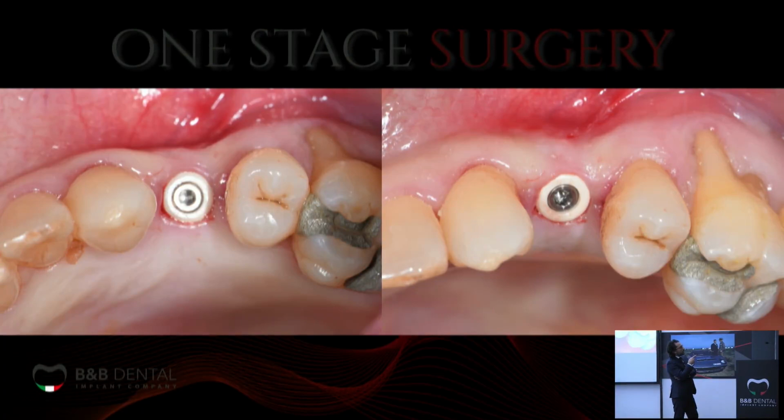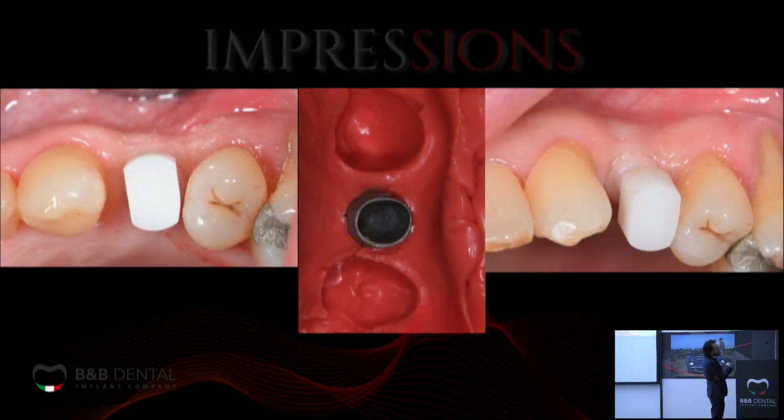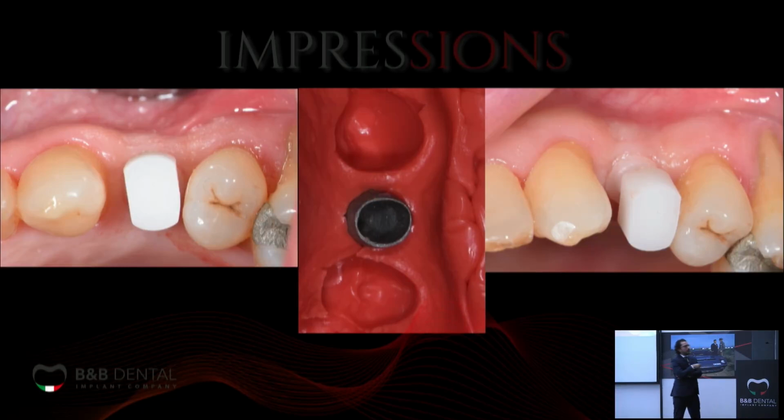And more, doing the one-stage surgery, the healing abutment also helped us to move the tissues more buccally, and so we could go through the impression, the metal try-in.